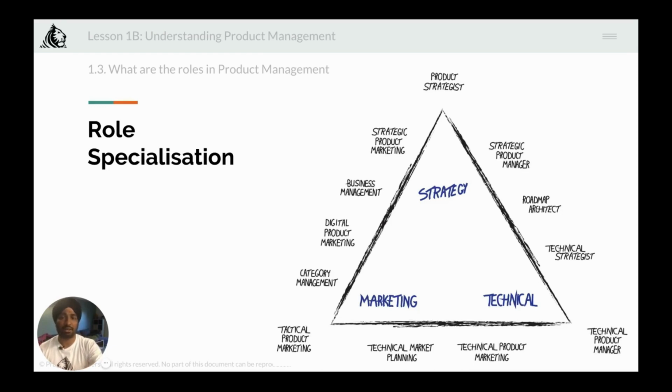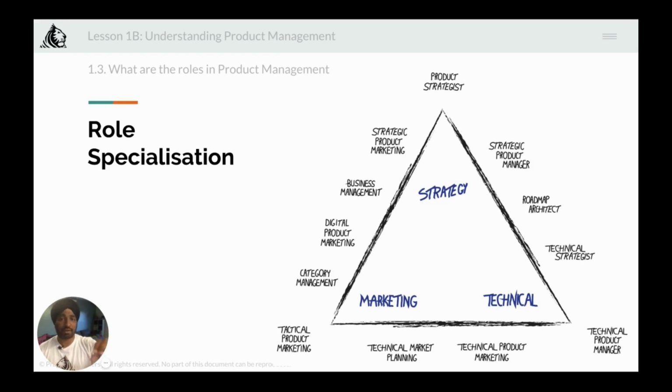Unlike pure tactical product marketing, which is content focused, this edge adds broader business considerations and involves creating the marketing strategy for how to bring a target market through the marketing and sales model stages, from awareness to purchase and advocacy. As shown on the PM triangle, titles on this edge include digital product marketing, category management, business management, and strategy product marketing. So a complete view of the PM triangle is this final diagram.